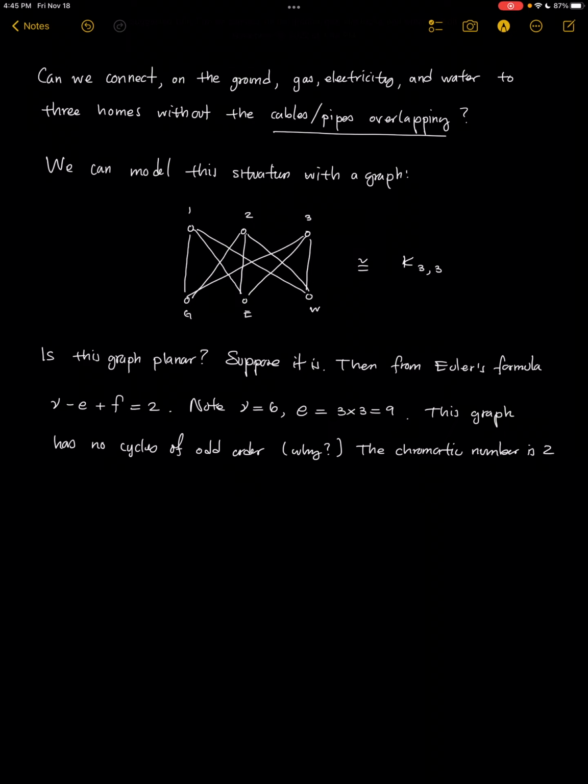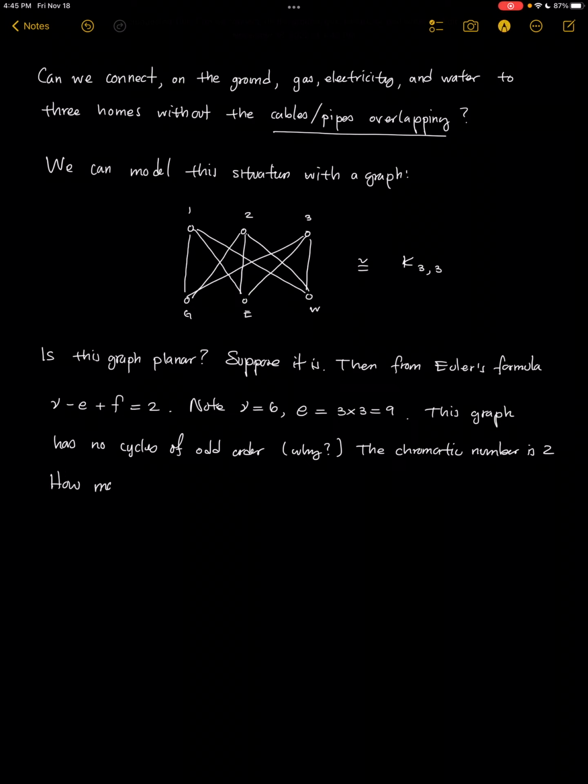If it had a cycle of odd order, it would require 3 colors to be colored, contradicting the fact that the graph has a chromatic number of 2. So the smallest face that we can provide in this graph is that of a cycle of order 4, or of length 4. So the question now is the following.